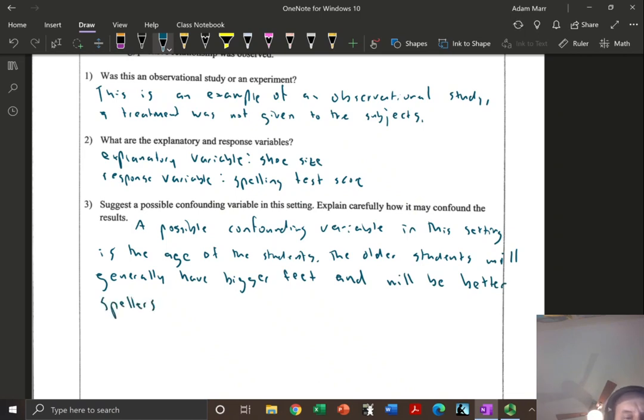Of course, we're talking generally right here. All right, they will generally have bigger feet and will be better spellers right here. And so of course this is going to affect the actual results.